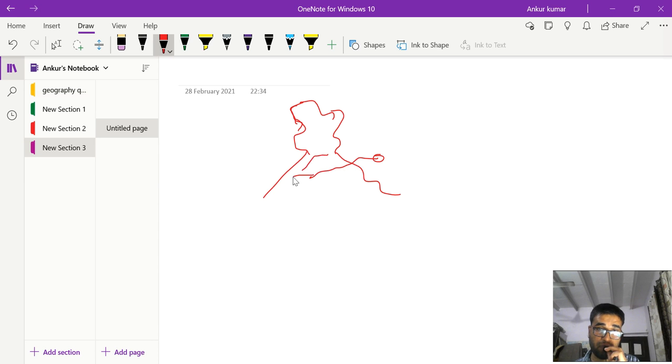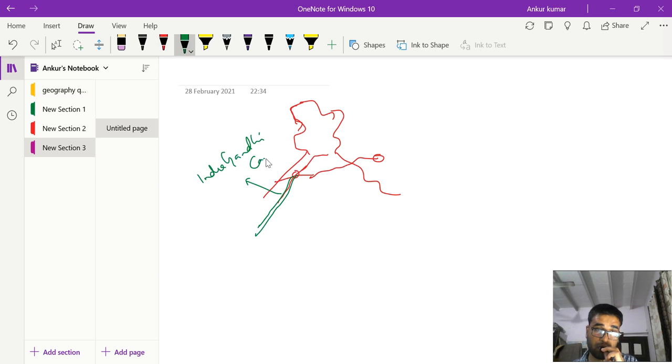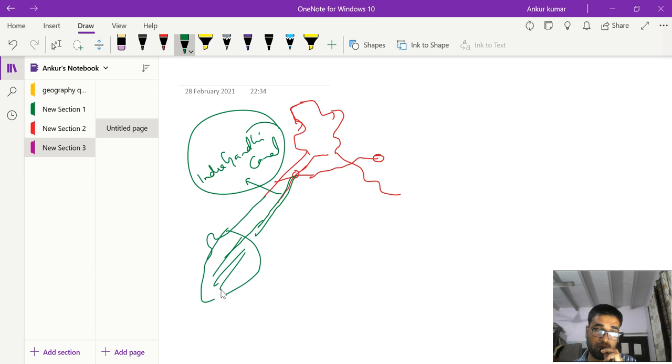This is the path of the Beas River, and this is the point where Harike is located, and from here the Indira Gandhi Canal is taken out. This canal takes the water up to the Jaisalmer district and is used for irrigation. Earlier this region was almost not used for cultivation, but now wheat is cultivated in this region.